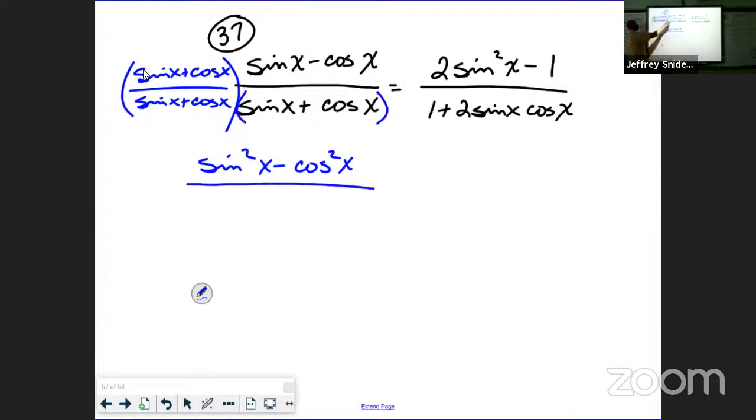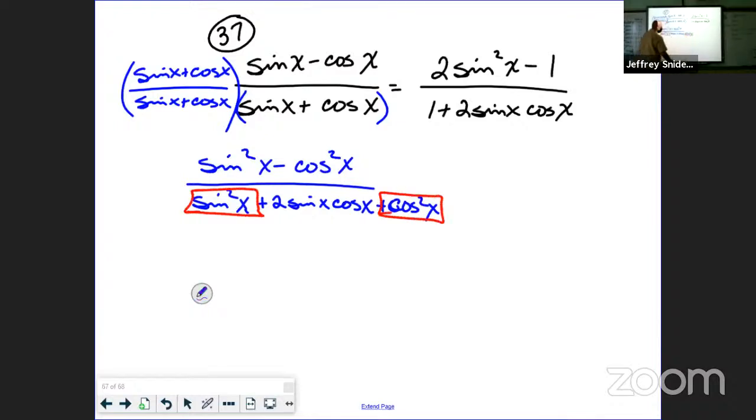Sine squared x plus sine x cosine x plus sine x cosine x, and then a plus cosine squared x in the bottom. What do I know that sine squared x plus cosine squared x equals? So my denominator now has 1 plus 2 sine x cosine x on it.